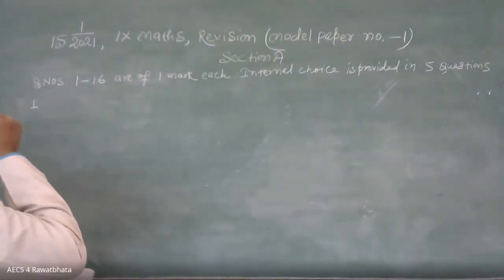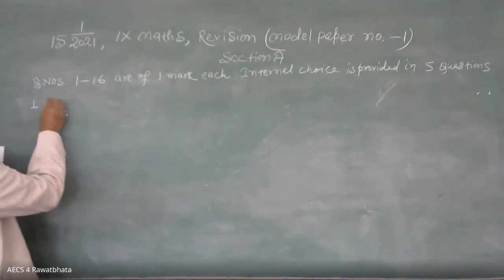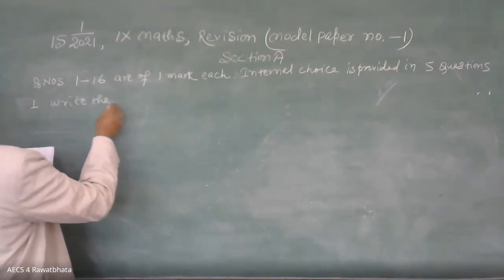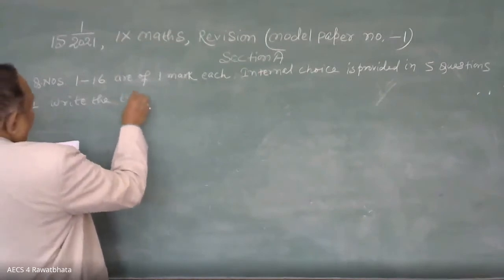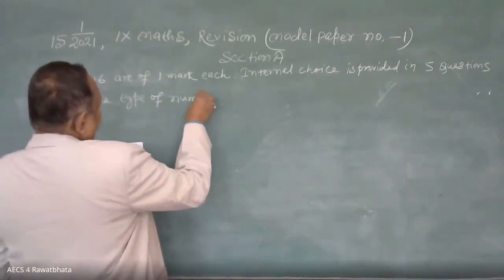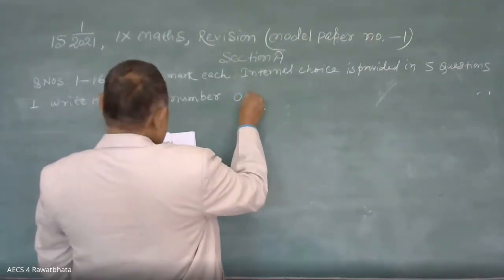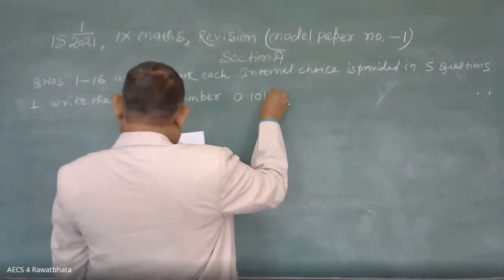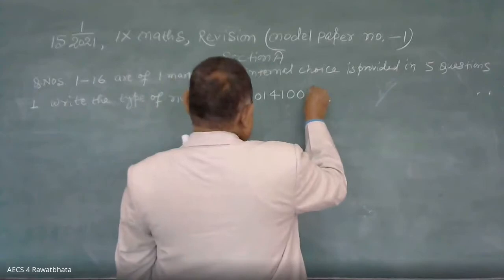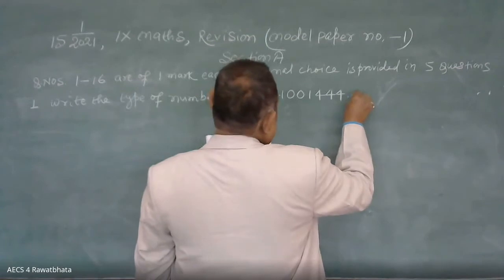So section A, first question. Write the type of number zero point 1014101444 dot.